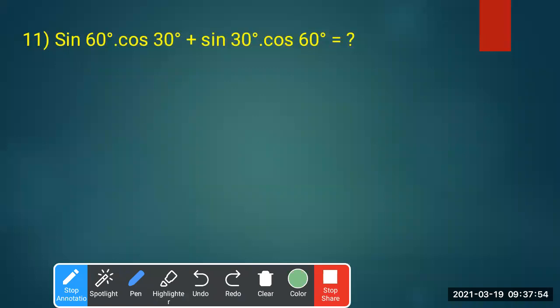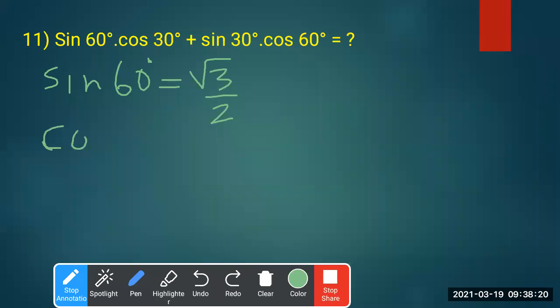We know that sin 60 degree is equal to root 3 upon 2. Then cos 30 degree is again root 3 upon 2.